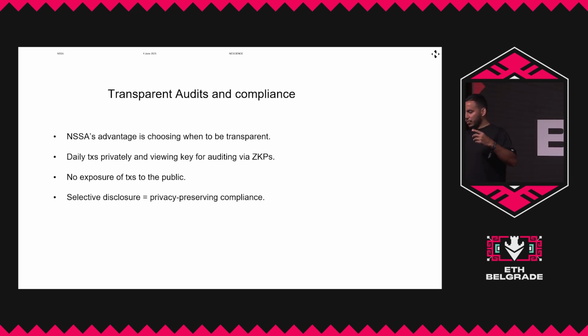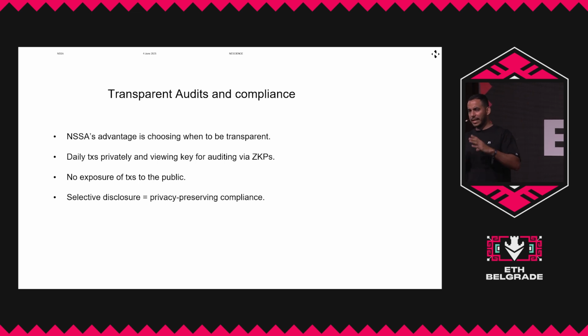Imagine a business that wants to pay their salaries. They want to use the blockchain for accountability, but they want some confidentiality, for example, hiding suppliers or salaries. They don't want to show everyone's salary.